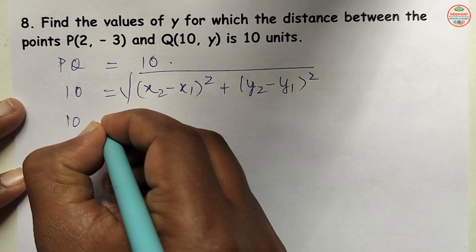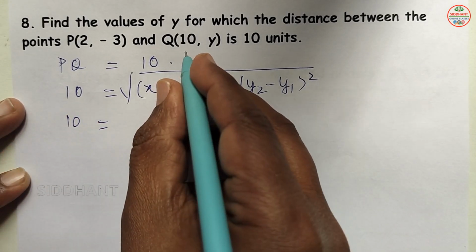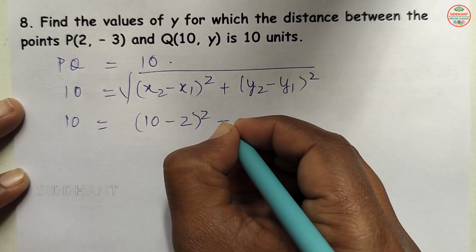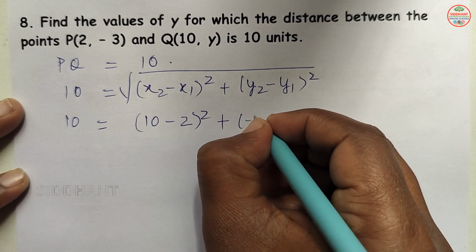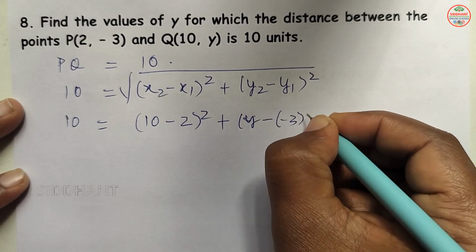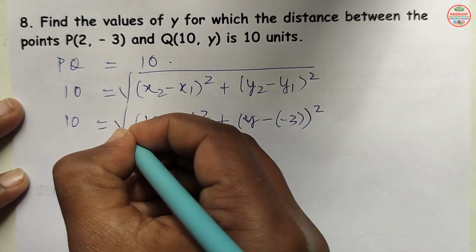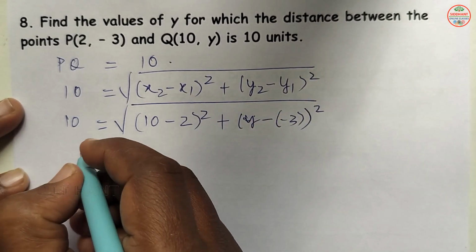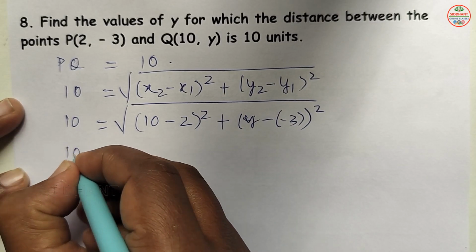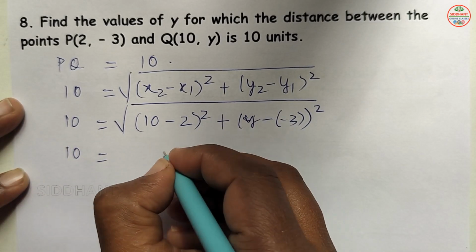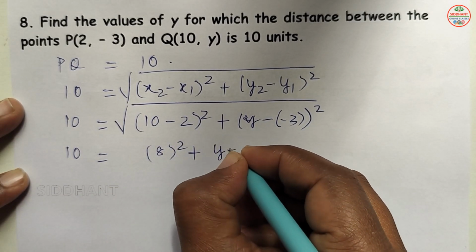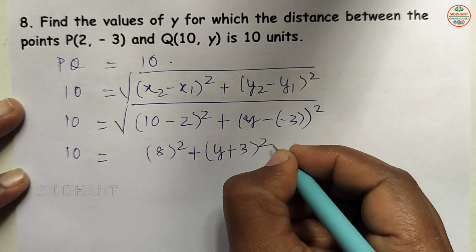So 10 equals the square root of (10 minus 2) whole square plus (y minus of minus 3) whole square. So 10 minus 2 will be 8 square plus (y plus 3) whole square.